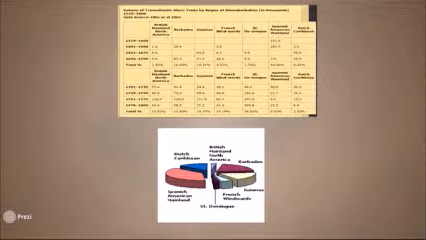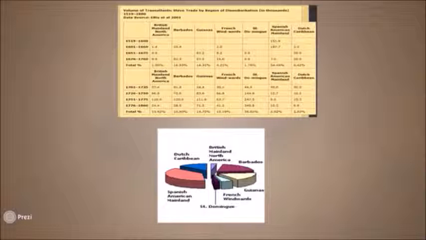On third position, there is Guyana with 14.31%, which is located in South America. Taking a closer look at British mainland North America, it is surprising that only 1.9% were deported to this part of the world. The second period, however, depicts great changes. For instance, Santo Domingo increased its number from 1.78% to 39.53%.